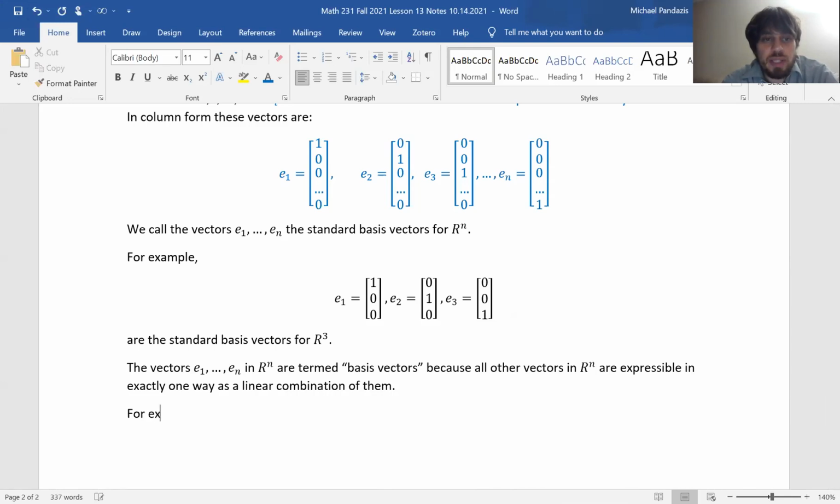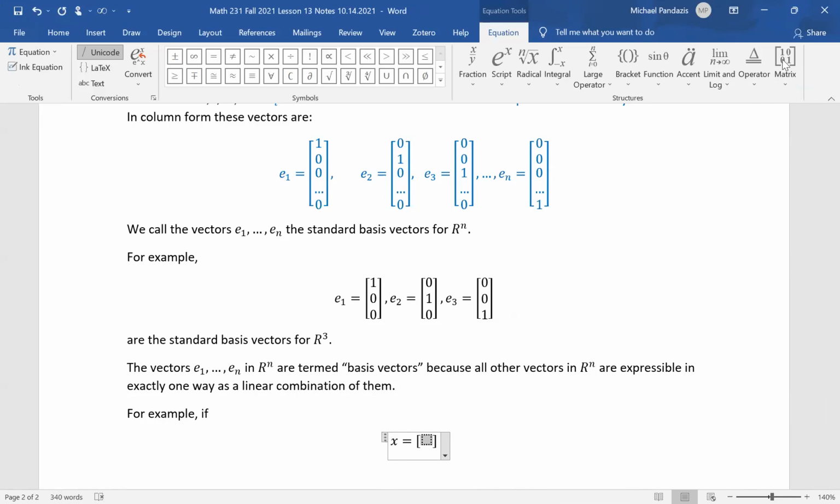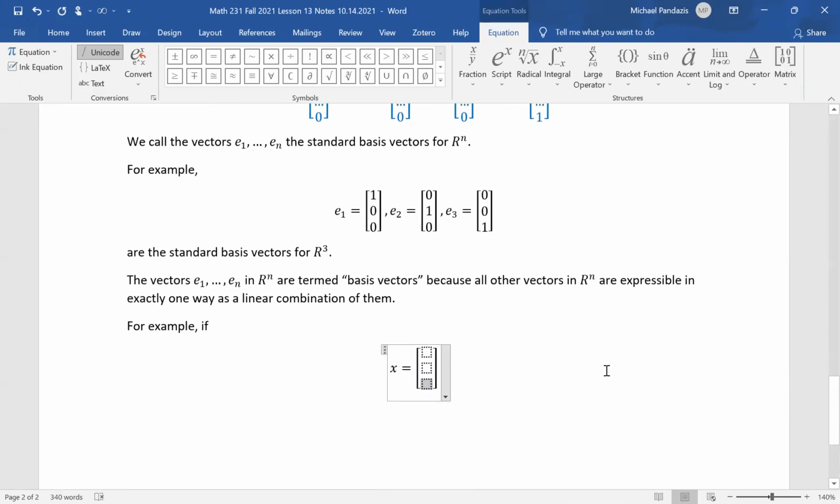To explain that, for example, if you take an arbitrary vector in Rn, meaning a vector with n components, and you call it x, this arbitrary vector x in Rn is going to have components x1, x2, x3, ..., xn.